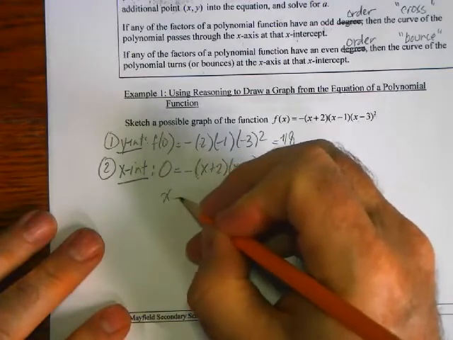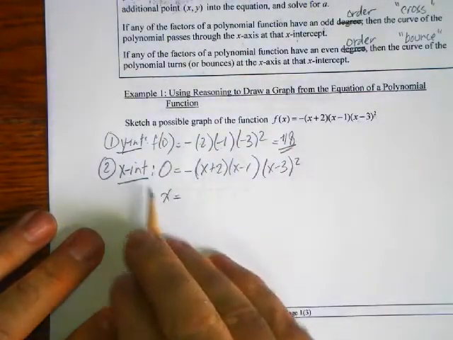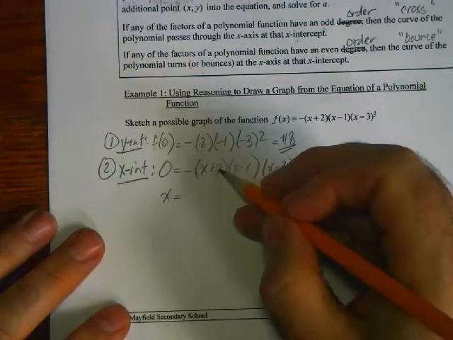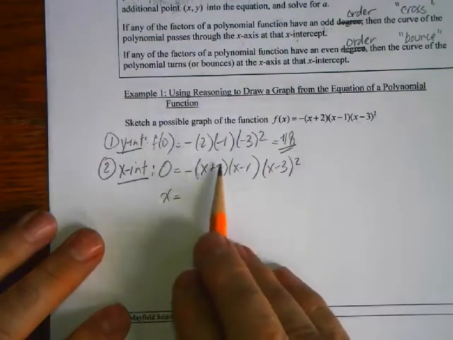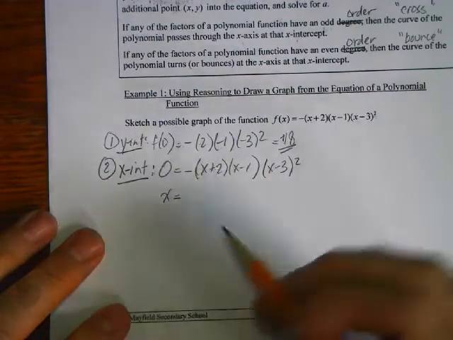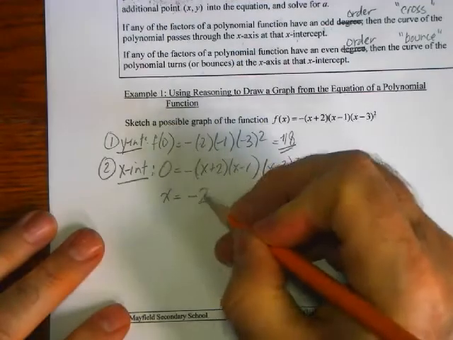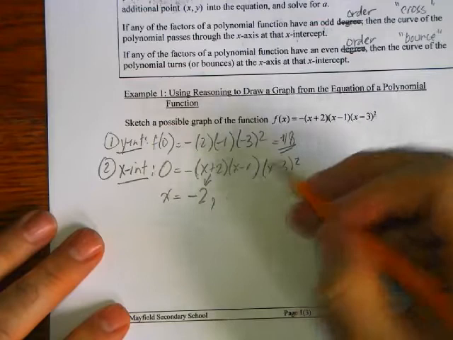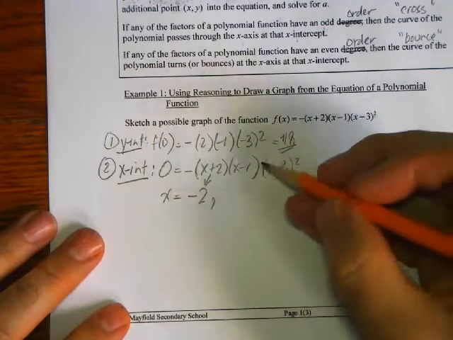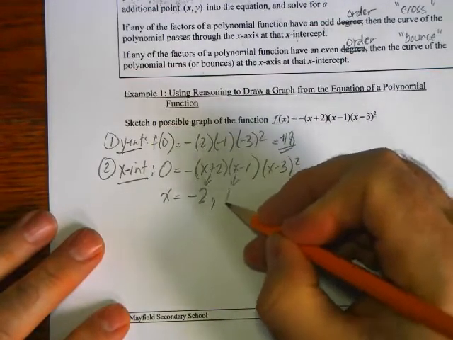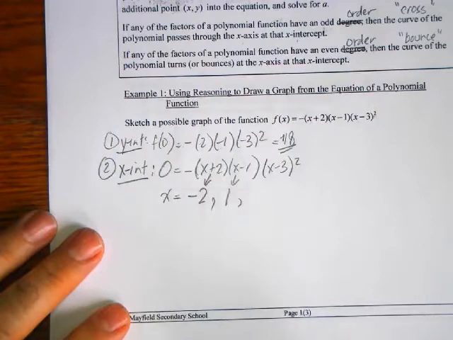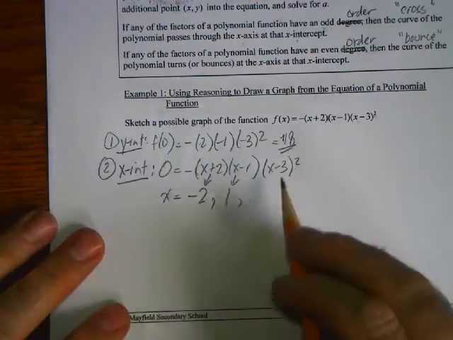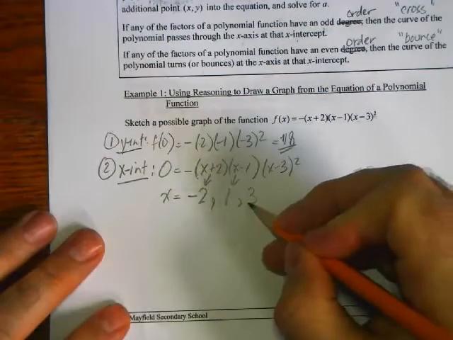So from this information, you know the x-intercepts will be x equals, and from here, if you set that equal to 0, that's going to be -2. So that x-intercept came from there. If you set x minus 1 equals 0, that means x has to equal 1. And x minus 3, set that to 0, then x is equal to 3.